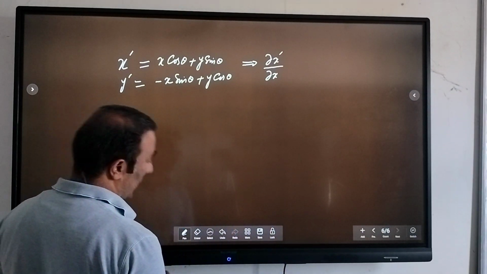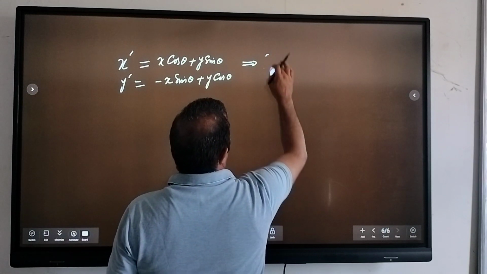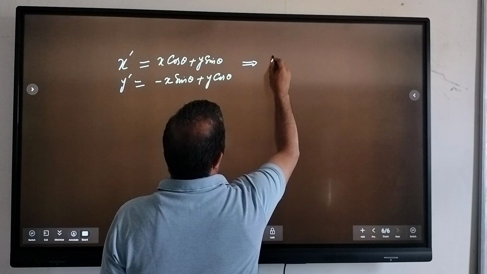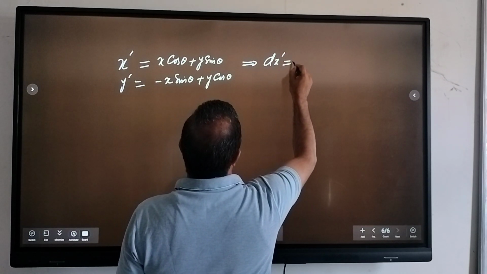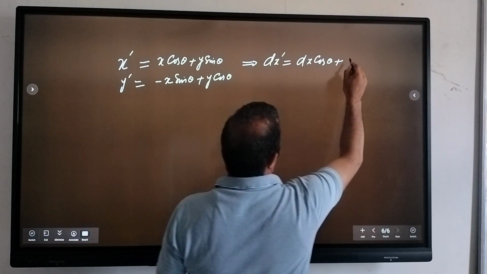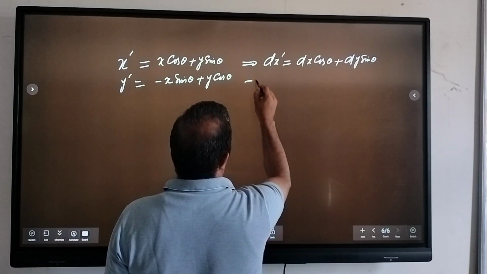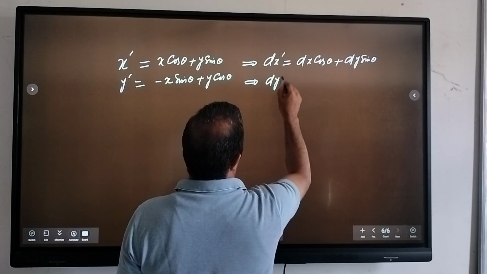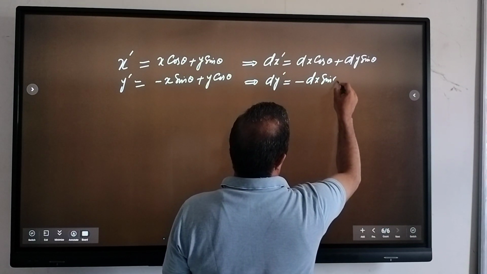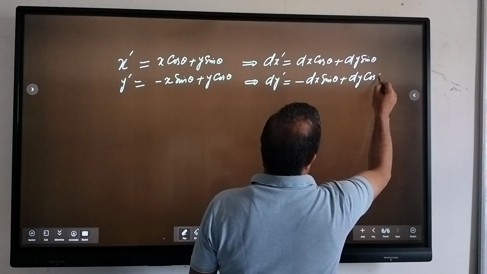right? Or you can rewrite this as, okay, let me write one more setup. So let me write here. So our dx prime is equal to, okay.